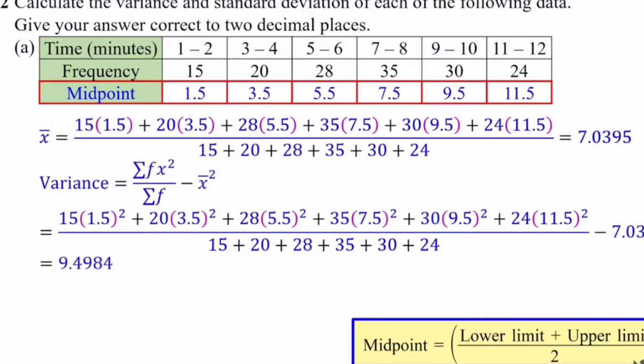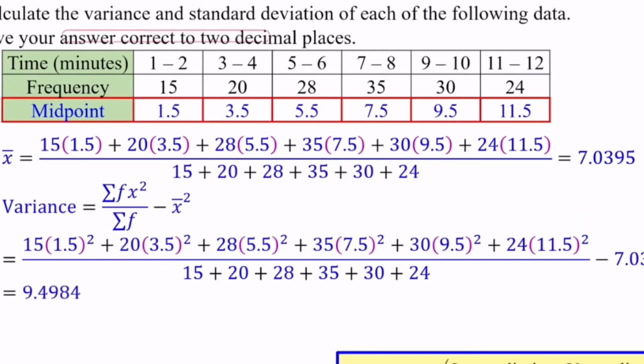Once you got the variance, you can square root it to get the standard deviation. But if the question asks for variance, you don't square root. So that is how you solve the variance in 2 decimal places. Let's round up to 2 decimal places, which is 9.50. Please follow the instruction given.